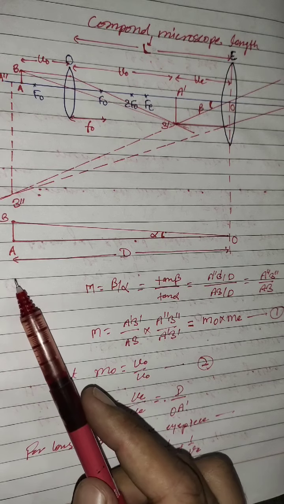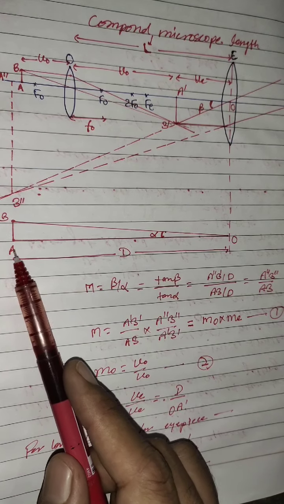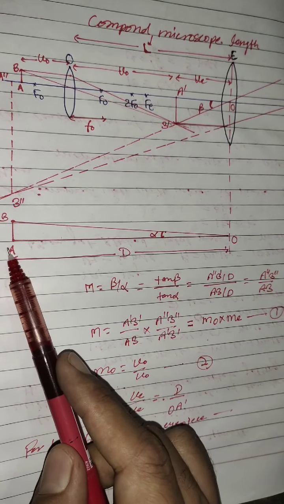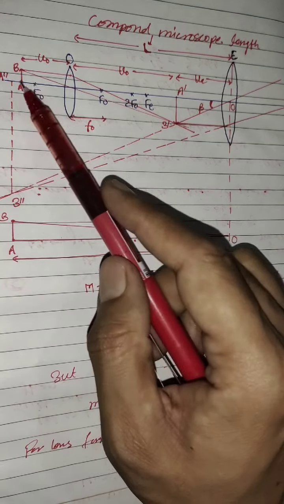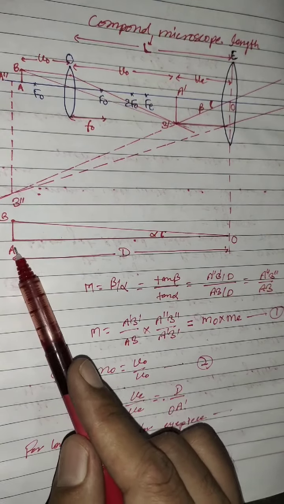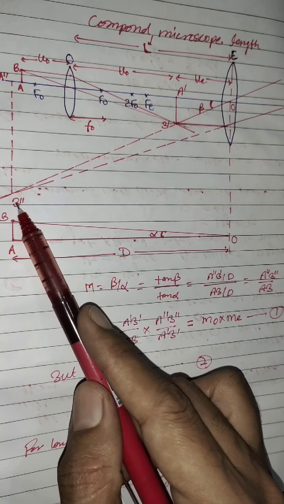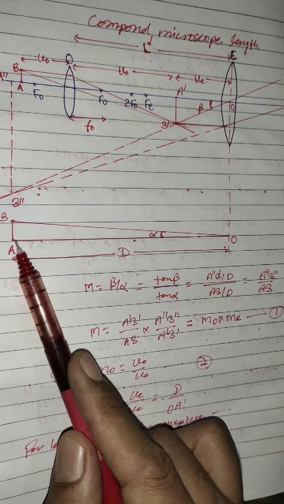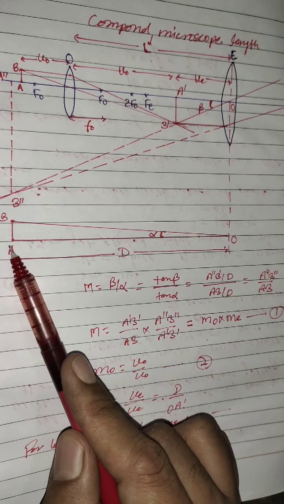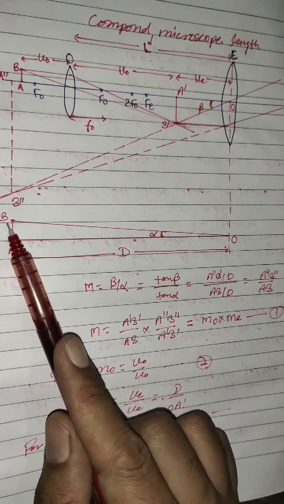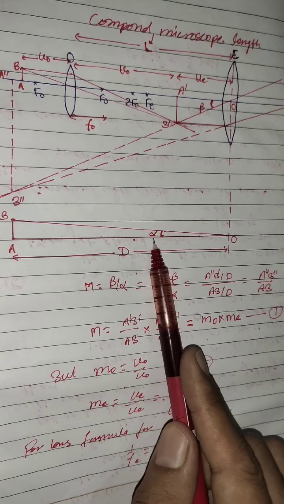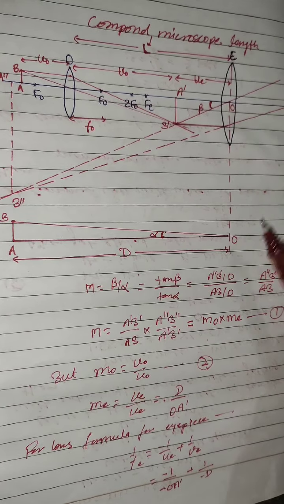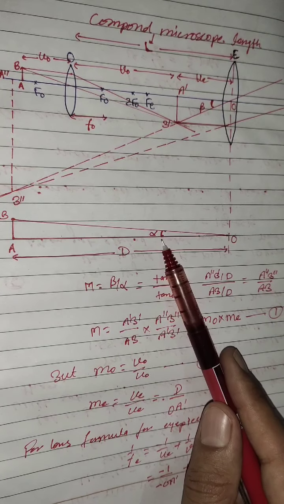If you're talking about alpha, AB is the object which is now situated at the least distance of distinct vision, lying in line with A double dash B double dash. So AB subtends angle alpha to the eyepiece as well as to the eye. So this is the alpha.